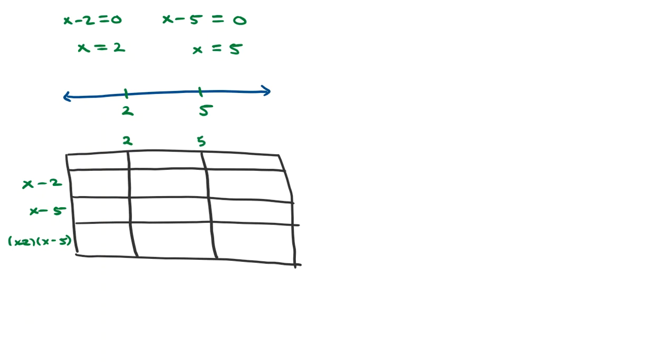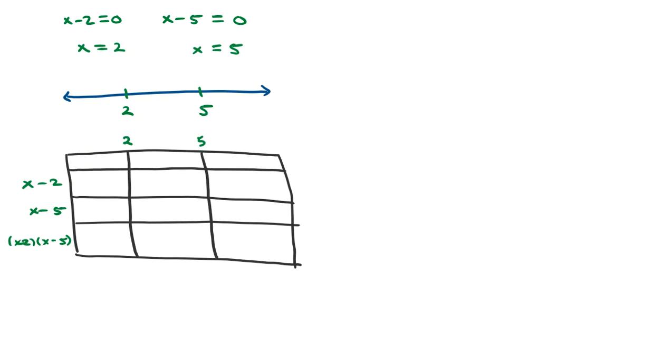Now what we should do is pick some values from each of the 3 regions and figure out what it makes each factor. Does it make it positive? Does it make it negative? And then what would that ultimately mean if we were to multiply the 2 factors together?